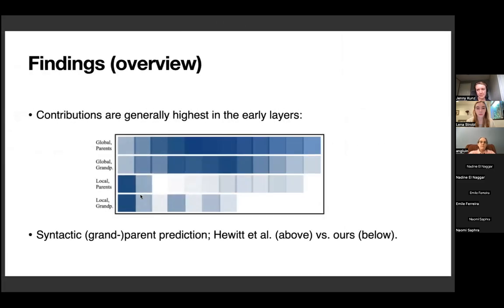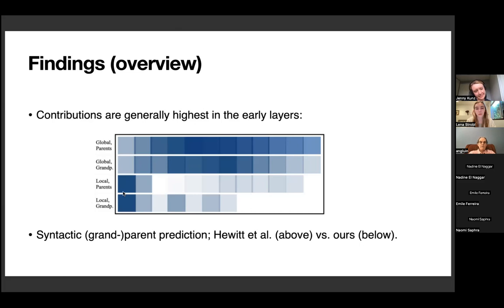And to say something very general about the findings, the contributions are generally highest in the early layers. You see in this graphic, at first, the metric introduced by Hewitt et al. with the global baseline, and there the highest concentration of information is found in the middle layers for this task. It doesn't matter at this point what this task is, because it looks similar for all tasks.